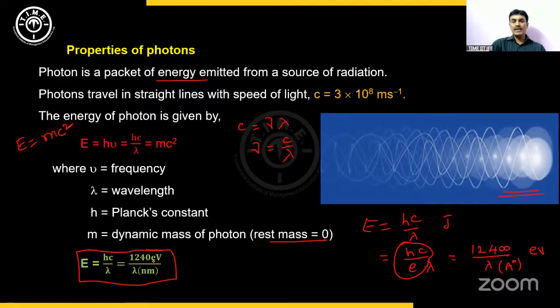The energy unit is electron volt. So remember these two relations. Directly, energy related to the wavelength: E equal to 1240 by lambda in nanometer, or E is equal to 12,400 by lambda in angstrom. That energy is expressed in electron volt.